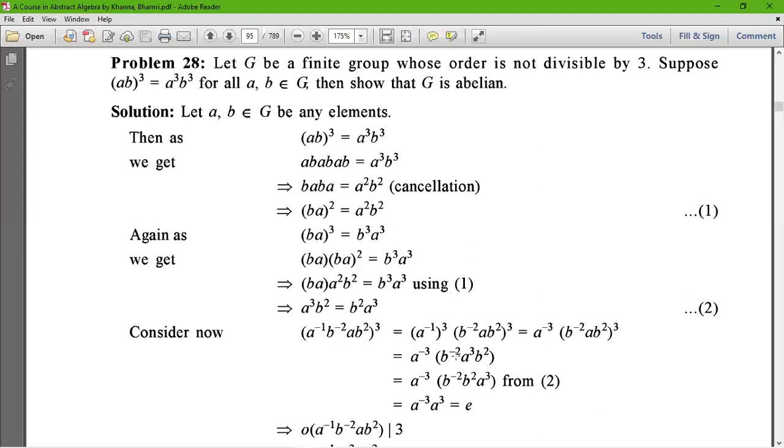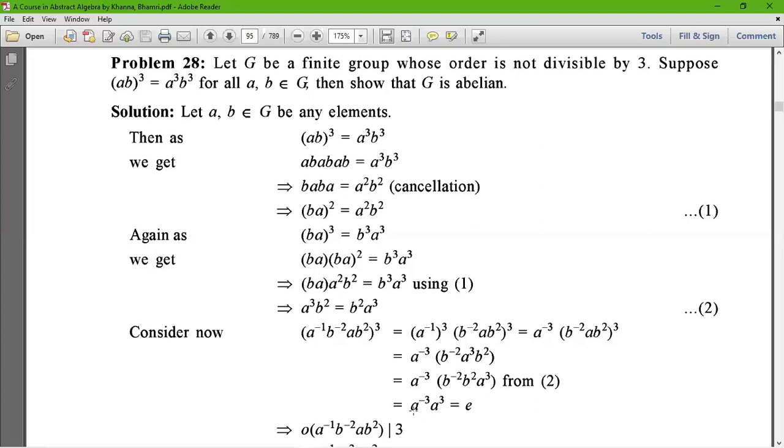Then we can write b^-2 a^3 b^2 equals b^-2 (ab^2)^3. Don't be confused about this. Then we can write a^-3 b^-2 b^2 a^3 by using associativity, or we can say a^3 b^2 equals b^2 a^3 by using equation 2.